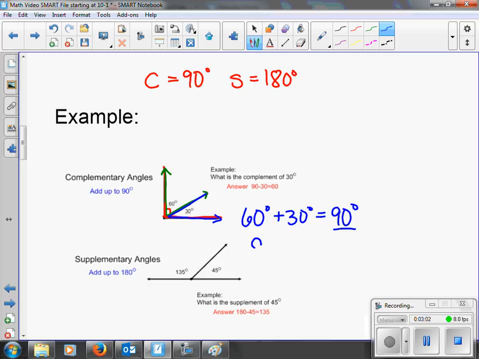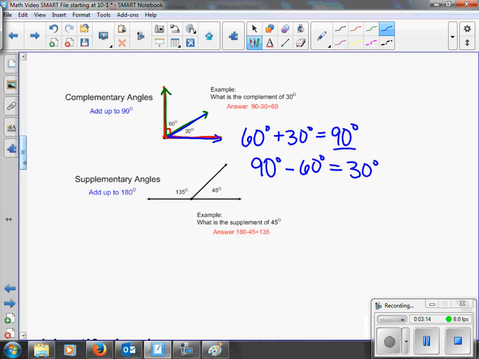Or you could look at it as 90. We know complementary has to equal 90. 90 minus the 60 degrees gives you one of them, the 30 degree angle. You could look at it either way. Here are supplementary angles, and you know that this has to equal 180, the straight line. So you have 135 degrees plus 45 degrees gives you 180 degrees.